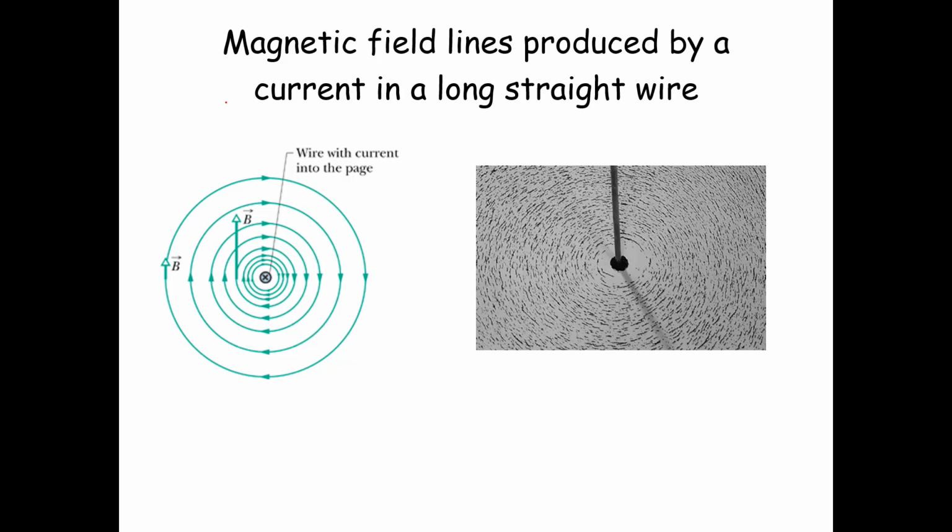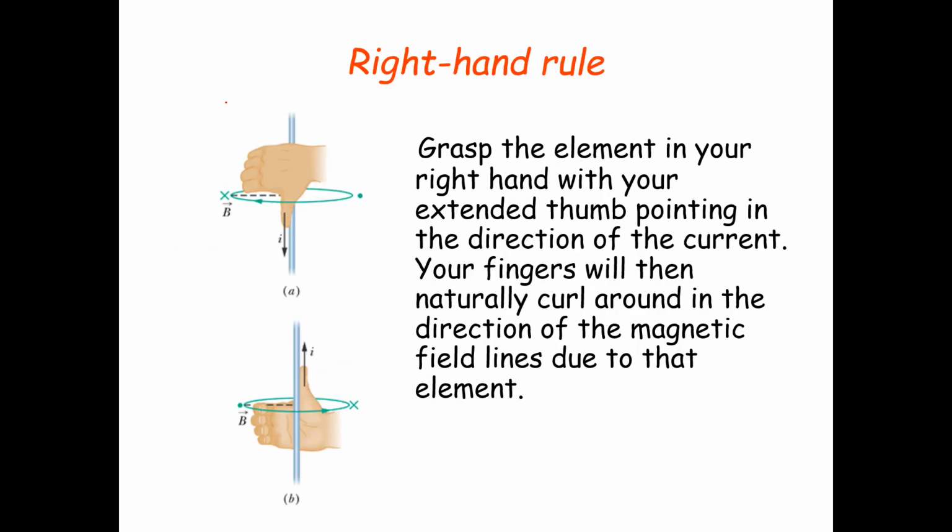The direction of your thumb is the direction of the current, directed into the page, and then the direction of your forefinger is the direction of the B. You can practice this. So your thumb goes into the page, and then the forefinger is the direction of the magnetic field. Okay, so this is the direction of the magnetic field due to the current. This is the right hand rule.